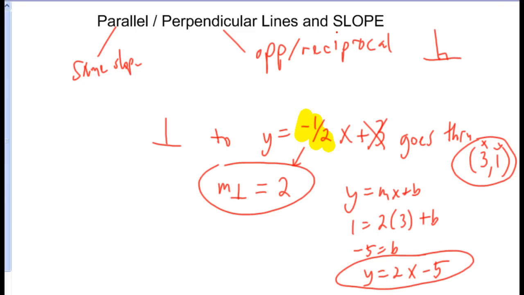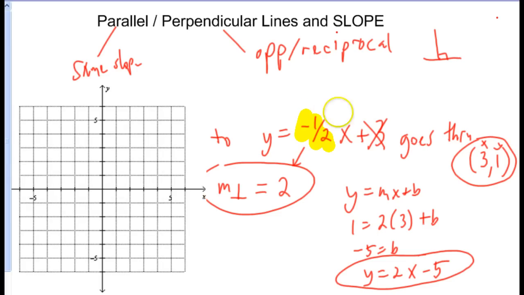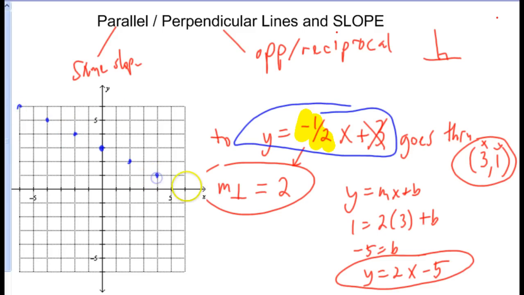Sometimes it helps to visualize what that looks like. If we graphed our original line in blue, this line would have a y-intercept of 3, a slope of negative 1/2. That means down 1 over 2 to the right, or up 1 over 2 to the left. And I like to put a few more set points, so if I don't have a straight edge, it still looks alright.